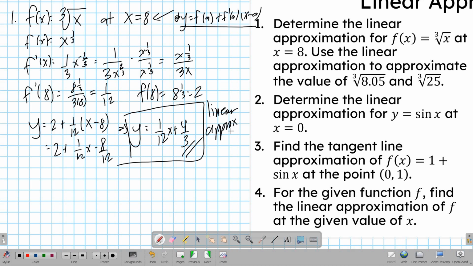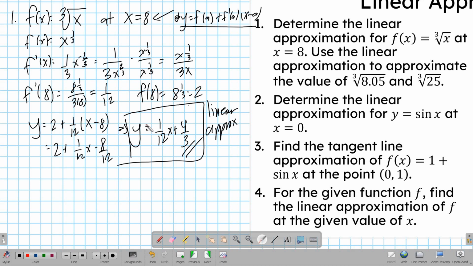Meaning, if we would like to find the cube root of values close to x equals 8, we can use this function instead, because it's easier to solve if it's linear than its cube root.